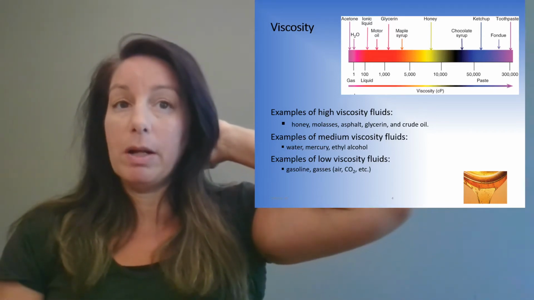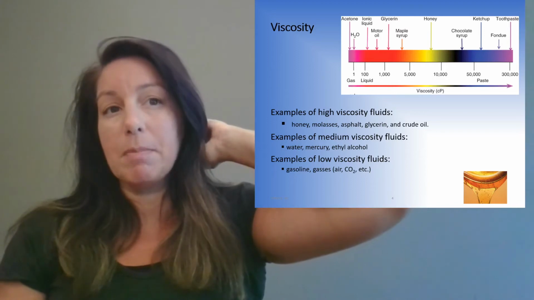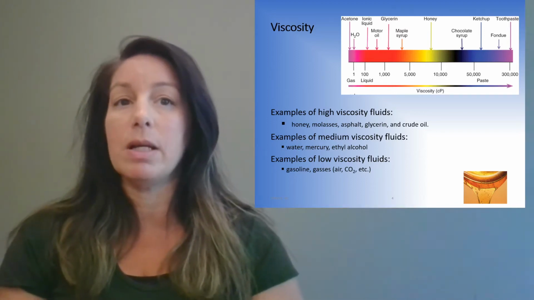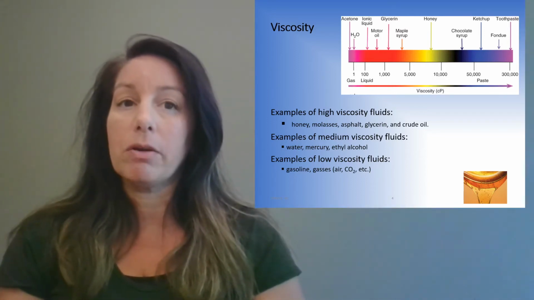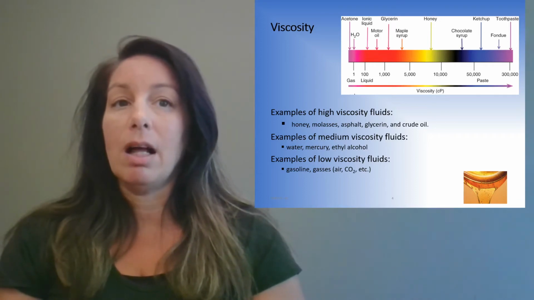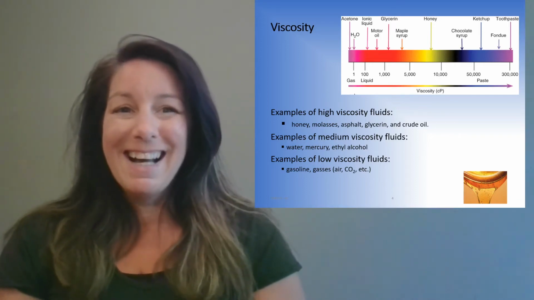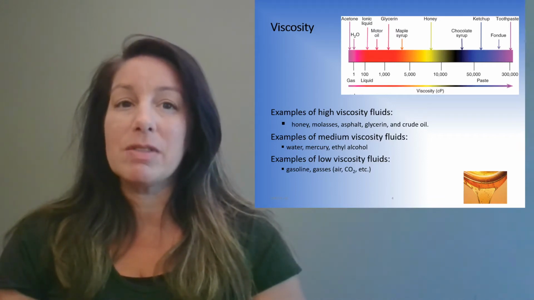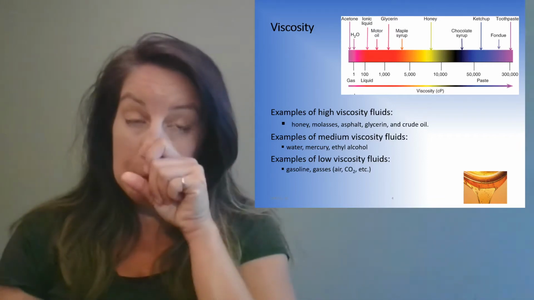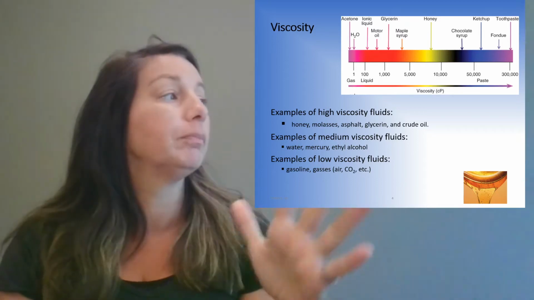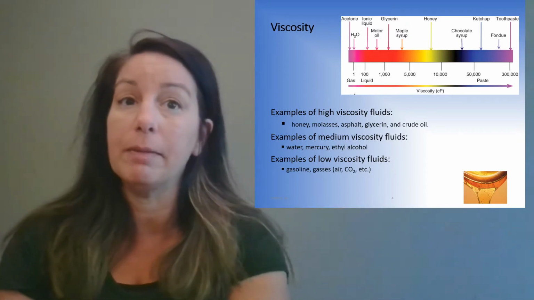Glycerin and crude oil. Examples of medium viscosity fluids: water, mercury, ethanol, alcohol. I got some of that in my medicine cabinet. And examples of low viscosity fluids: gasoline, gases. So things that flow quite easily, right?